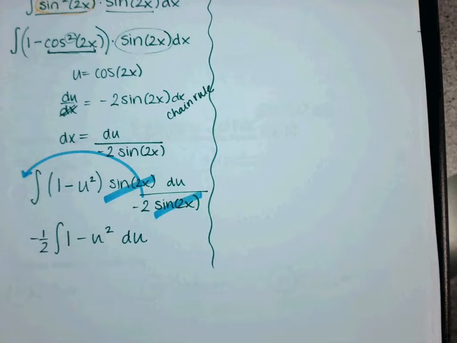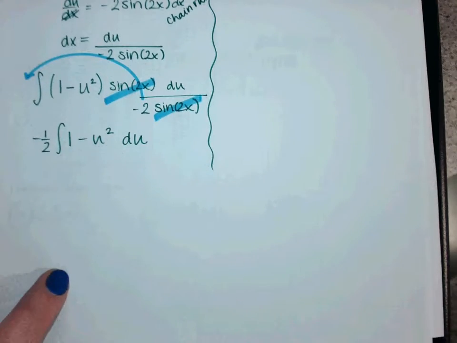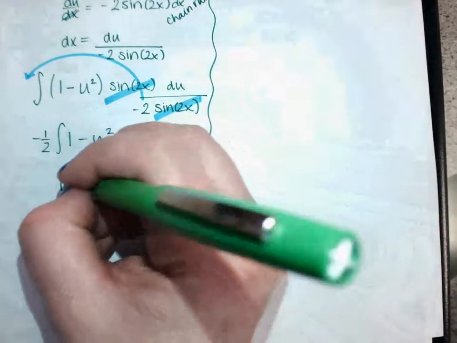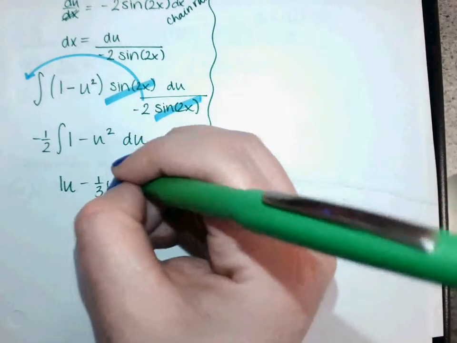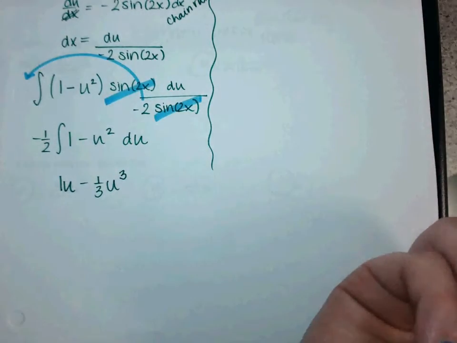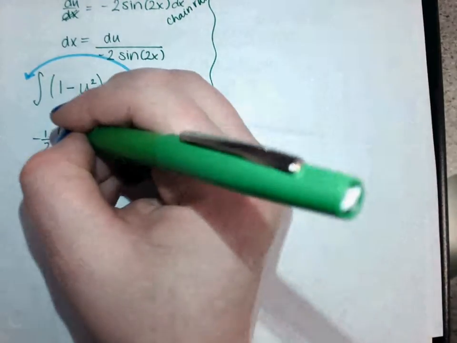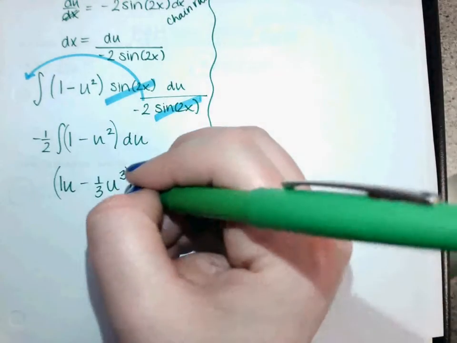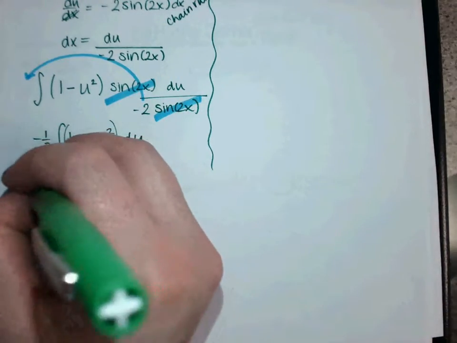Okay? From here, we're doing the antiderivative. The integral of 1 is going to be 1u. The integral of u squared is going to be 1/3 u cubed. Okay, and then remember that both of these guys had originally been in parentheses, so I'm going to keep them in parentheses with my negative 1/2 out here in the front.